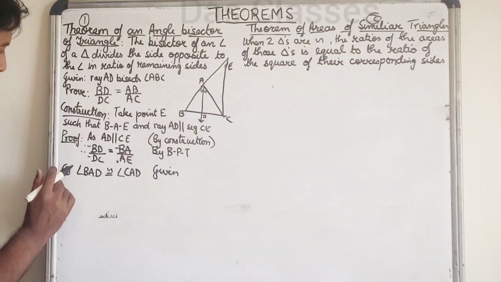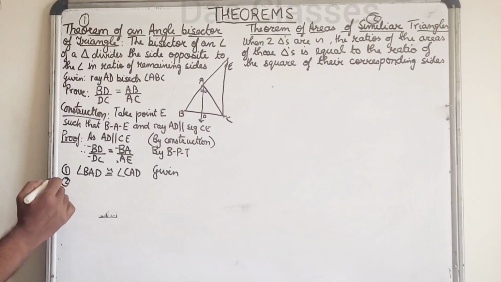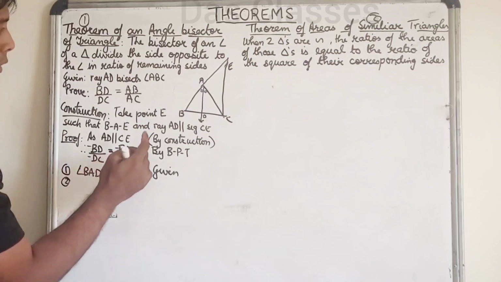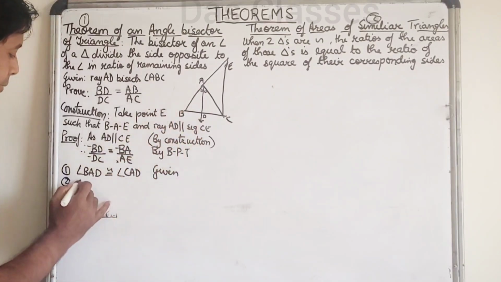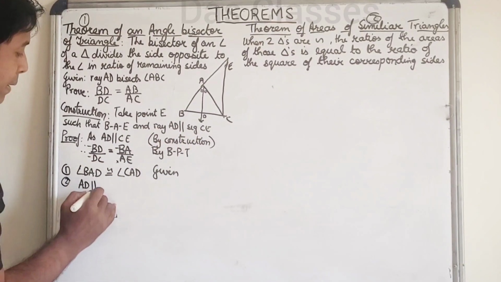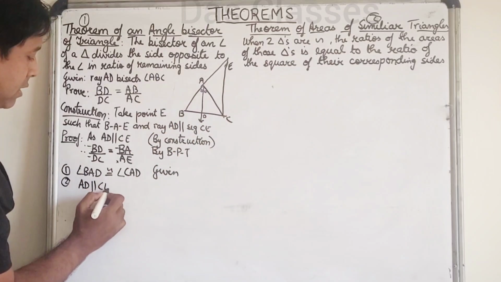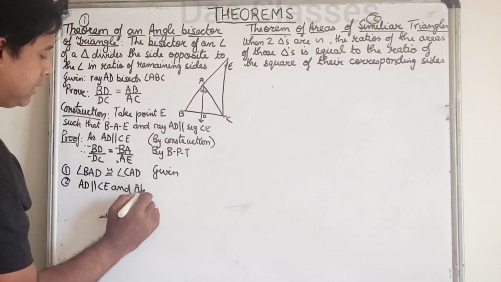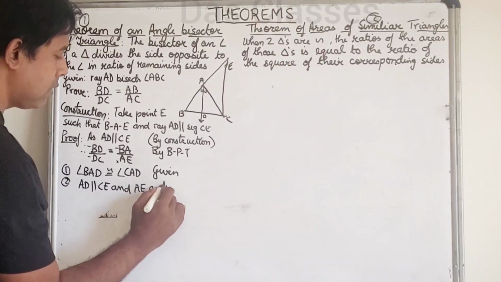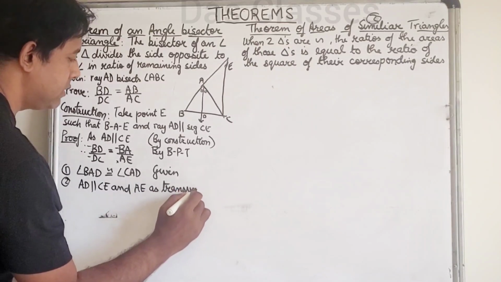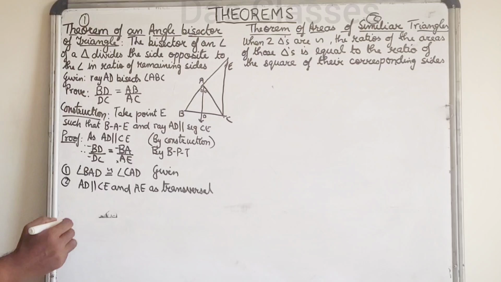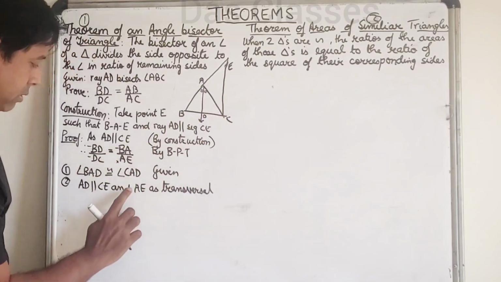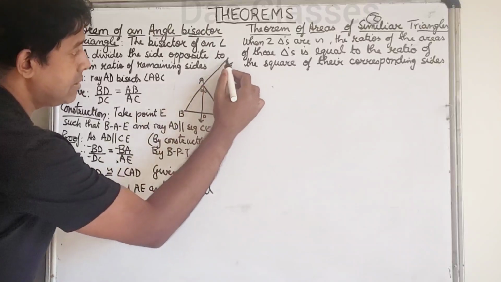Next statement: AD is parallel to CE and AE is the transversal.